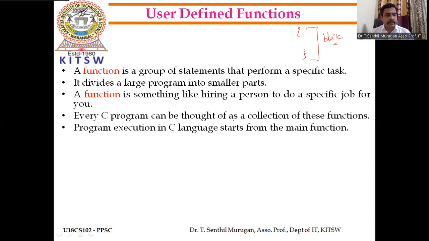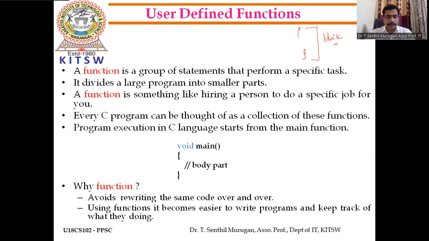We already know that the main function is the heart of the C program. We know how to write the main function: return type, main, then the function body. This is an inbuilt function, and the remaining functions are user-defined functions.